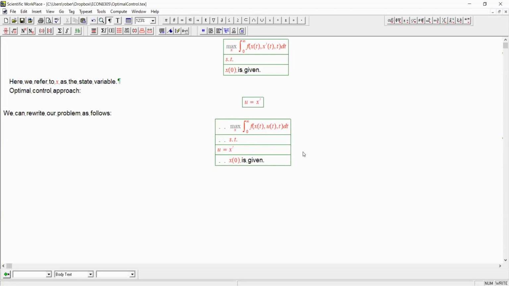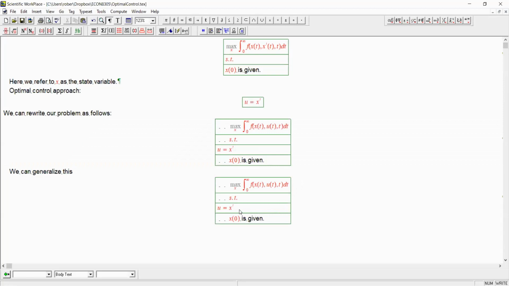Finally, we can generalize this by saying that what if rather than u being equal to x prime, u is equal to some function g that depends on all of these arguments: x itself, the value of u itself, and time.